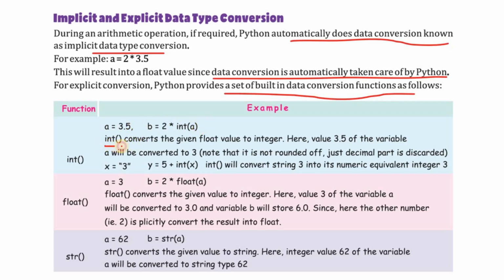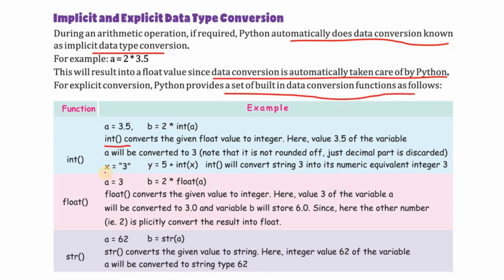Int, this brackets, converts the given float value to integer. So the value 3.5 of the variable a will be converted to 3, right? And you will get how much is stored in b. So inside b, 2 into 3, which is equal to 6. So 6 will be stored inside b. Okay.